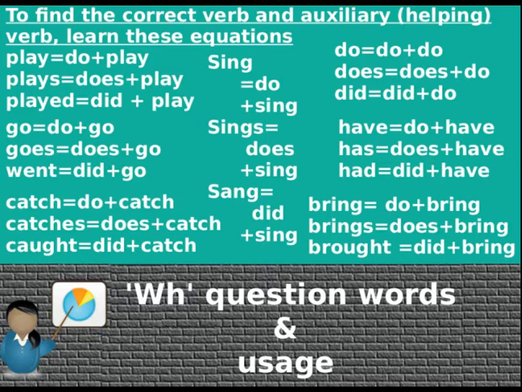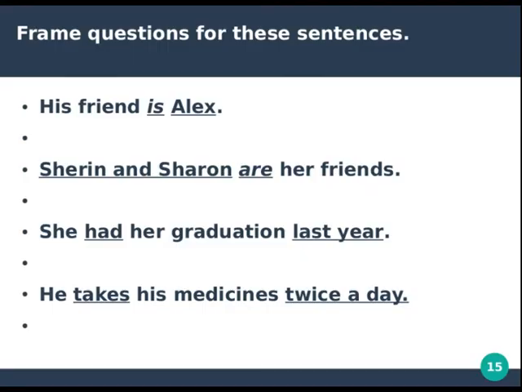Here in this example, is is the auxiliary verb. But you can see there is no other main verb. So is itself is the main verb. Next example are, had, takes. Here Lex is the person. So who is the right question word? And we have is.